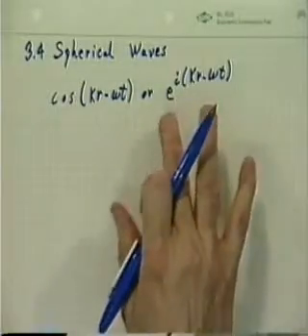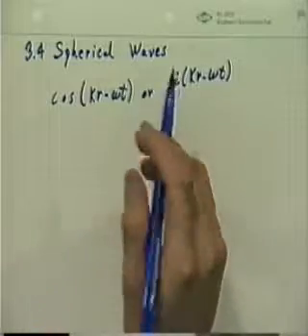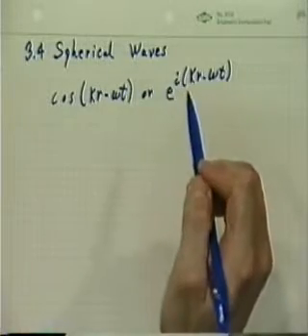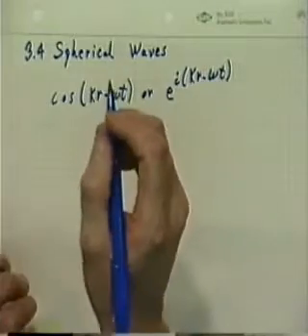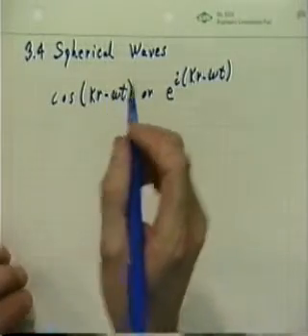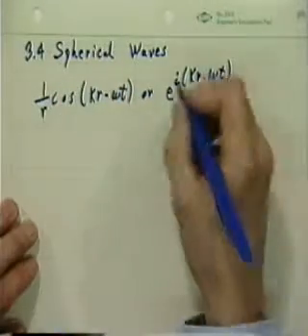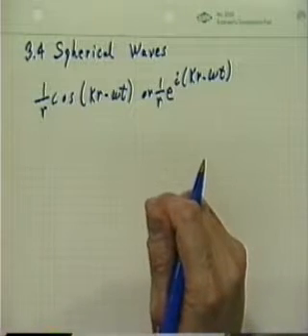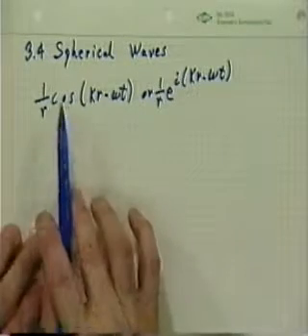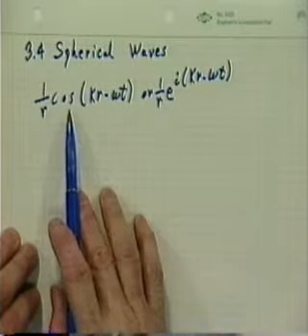But if we plug these back into the wave equation, we'll see that these are not solutions to the wave equation. In order to get solutions, we have to have a 1 over r here. There has to be a 1 over r cosine, a 1 over r e to the i.